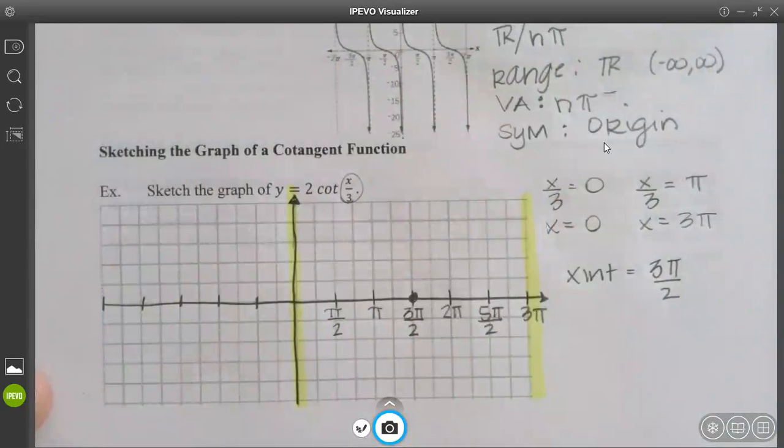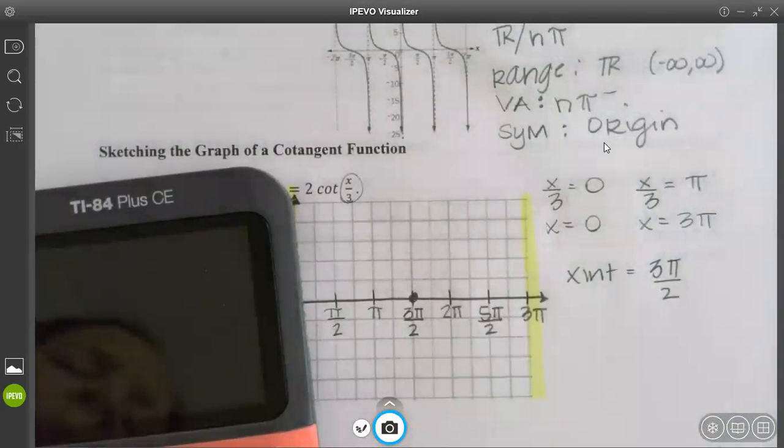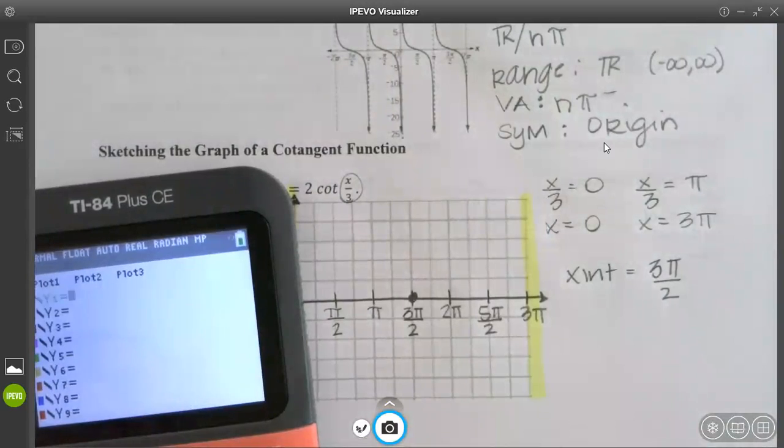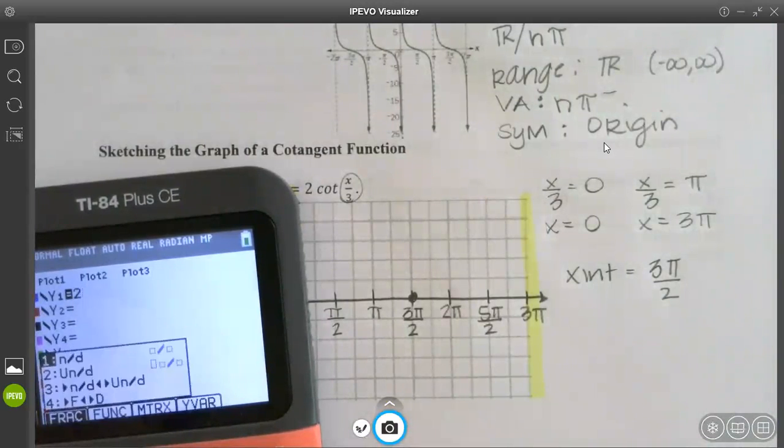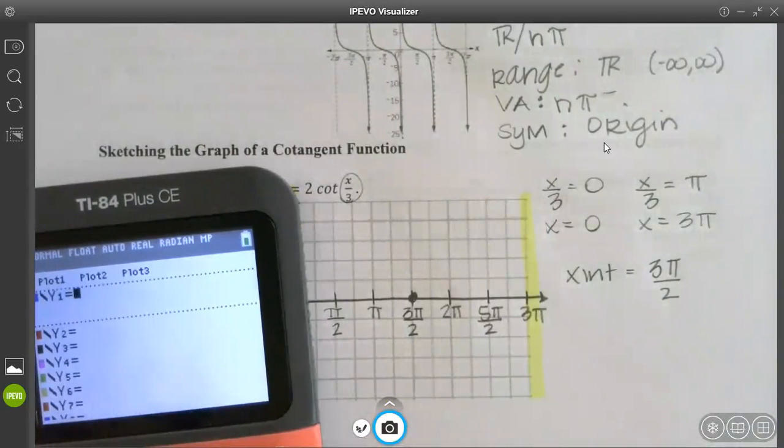And then what do I do? How do I put this in my calculator? I don't have that on my calculator.